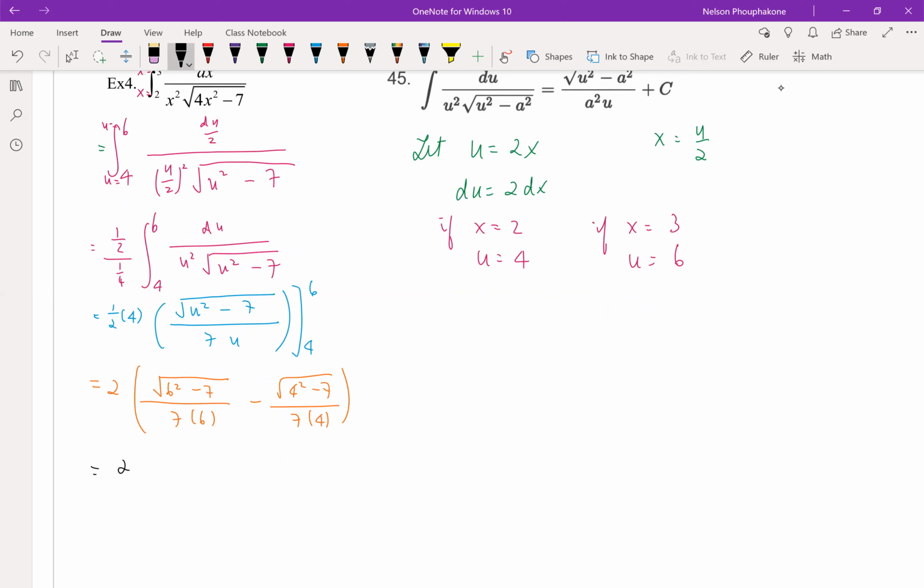Now it is algebra. So I have square root of 29 over 42 minus square root of 16 minus 7 over 28. Then I will have square root of 29 over 21 minus 3 over 14.